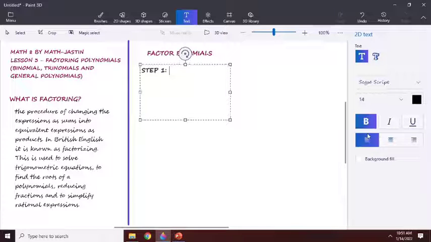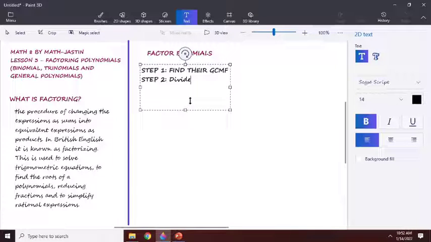GCF, as you may remember, is the greatest common factor, but in polynomials it is the GCMF, the greatest common monomial factor. Step 2, divide. Then you will get the factors.